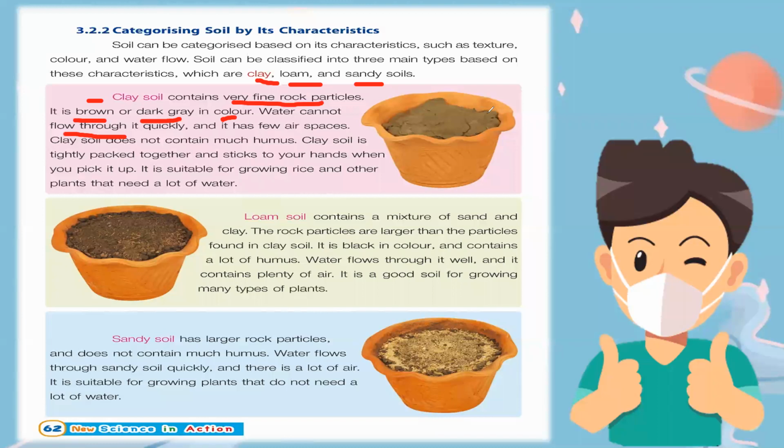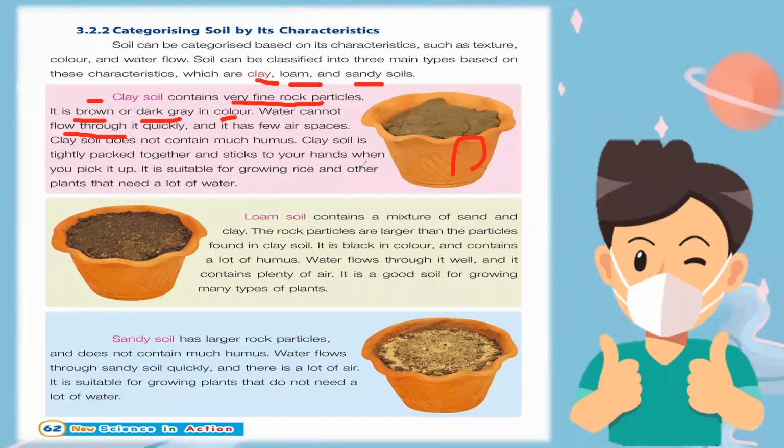If we look at the clay, it sticks together very tightly. For example, if you take it in your hand, it will stick to your hand. It is a bit sticky as well. Apart from that, clay soil is mostly suitable for growing rice and also some other kinds of plants which need a lot of water. Okay, students, you understand the clay soil? Yes. Okay. Now, number two.